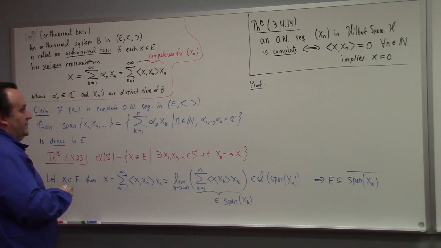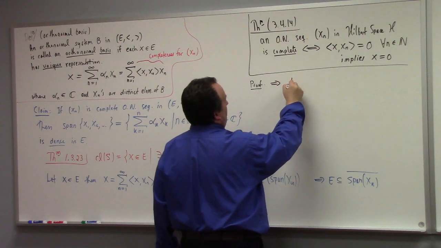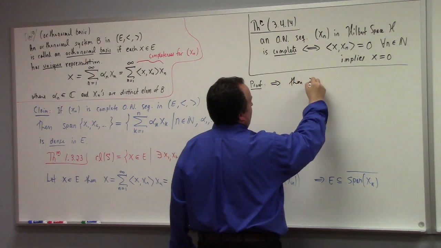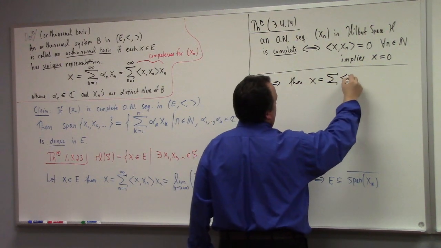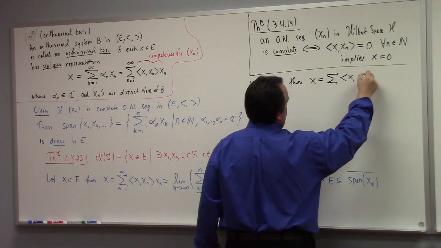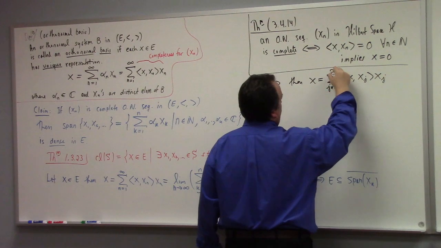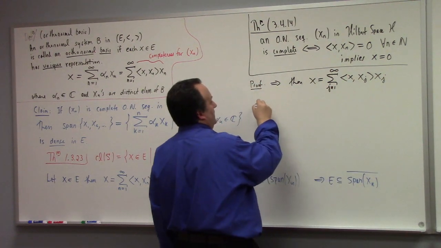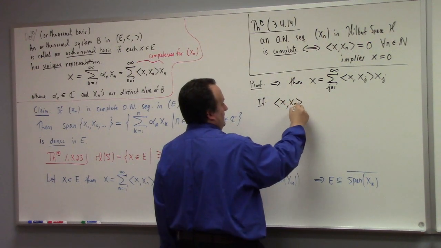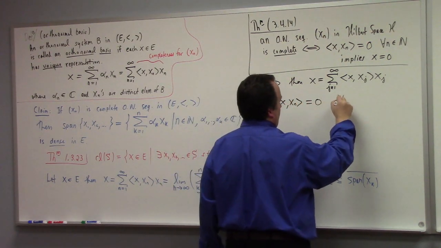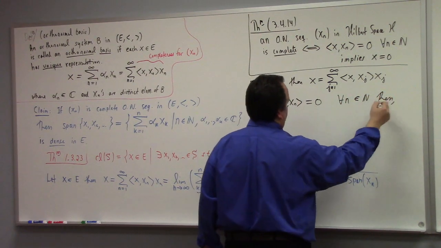All right, so if we assume completeness, then x is equal to the sum of the inner product of x with xj, sum over j. If the inner product of x with xn is equal to 0 for all n, then what do we get?